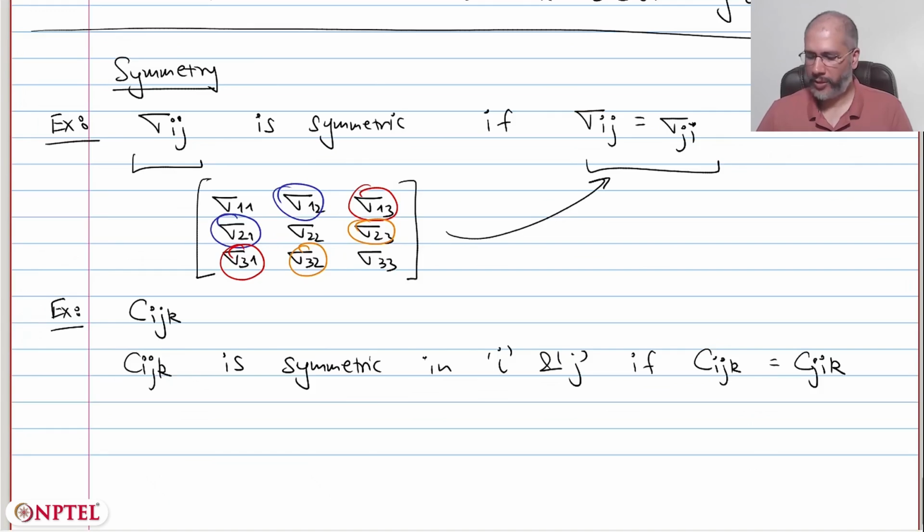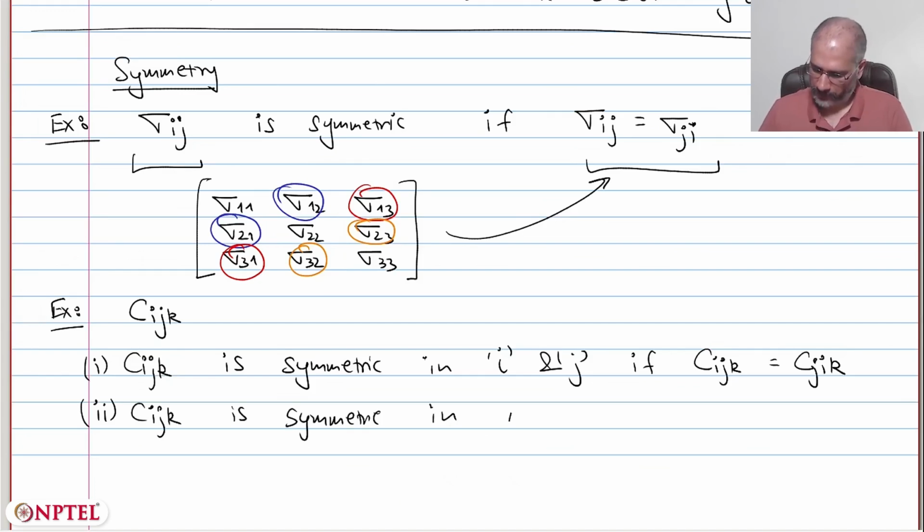If I simply say C is symmetric, that will not have any meaning by itself. That will be very vague. It's not complete. So I have to specify the indices in which the tensor is symmetric. So it could even be the case that C is symmetric in the indices i and k.